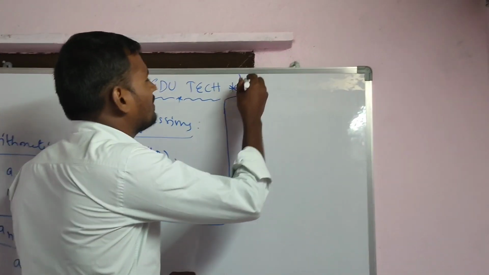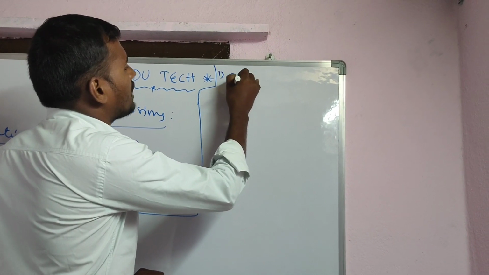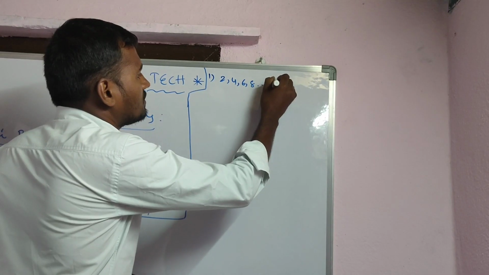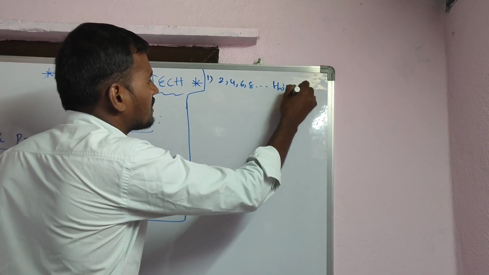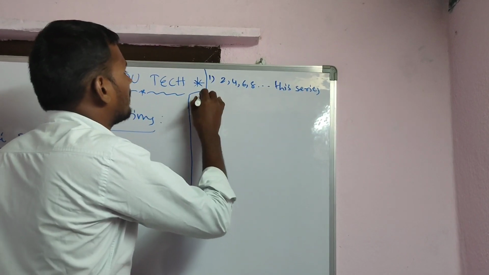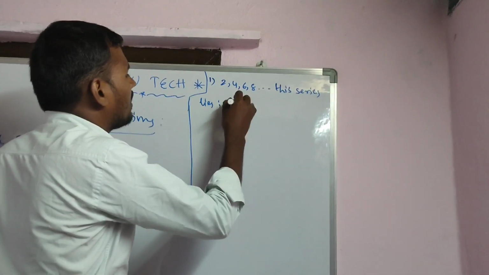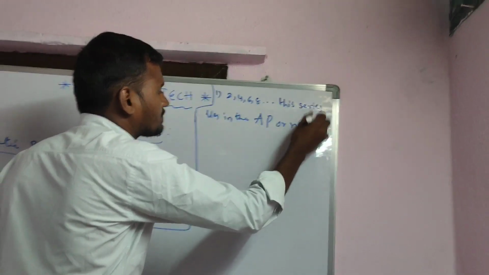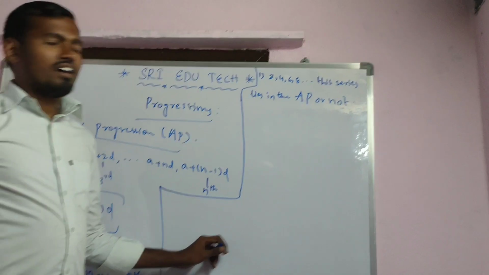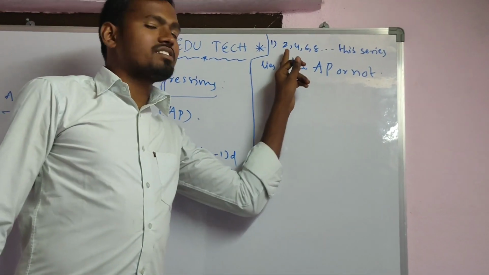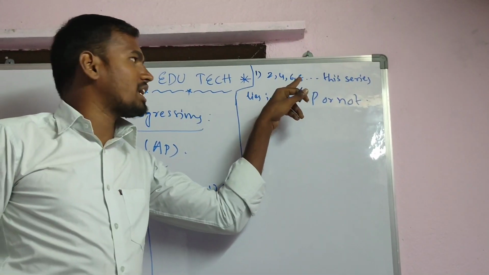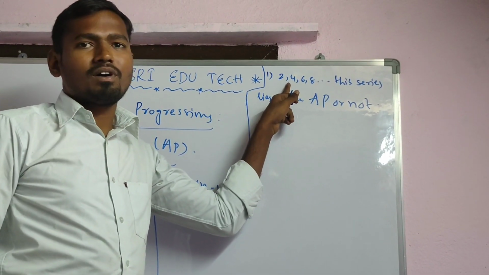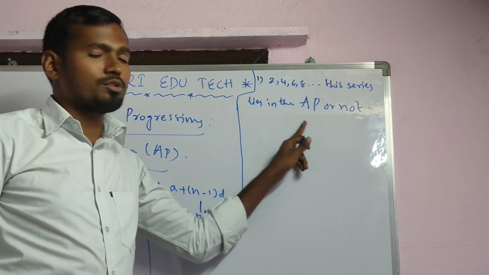Let us take an example: 2, 4, 6, 8 and so on. Does this series lie in the AP or not? Whenever you check whether the given series lies in the AP or not, first write down the numbers a1, a2, a3 and so on.